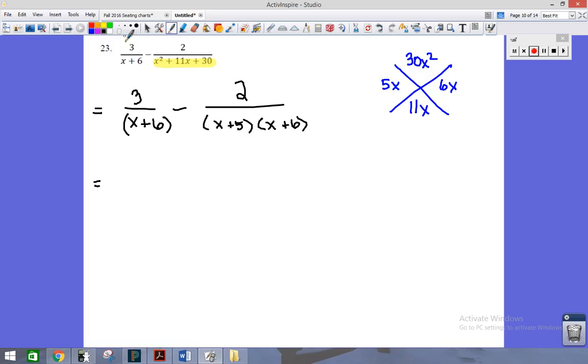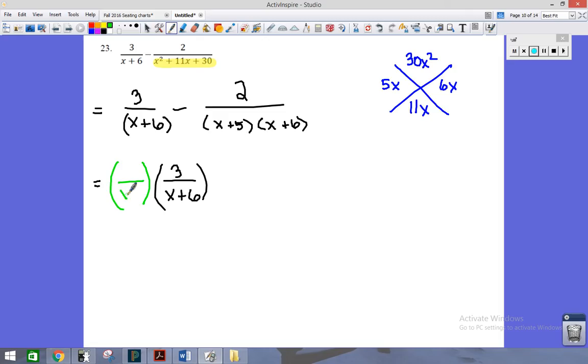What I need to do is take this first fraction, 3 over x plus 6, and multiply this fraction by the number 1, but I need to write 1 in such a way that both of these fractions will have the same denominator. See, this first denominator is missing an x plus 5.